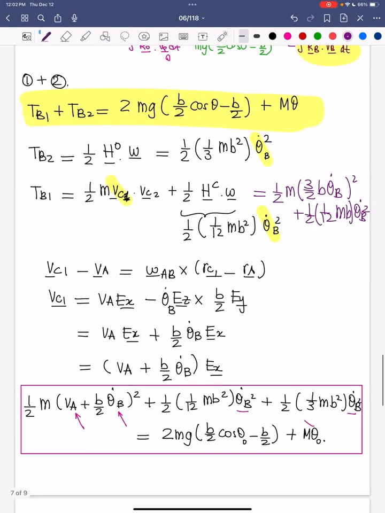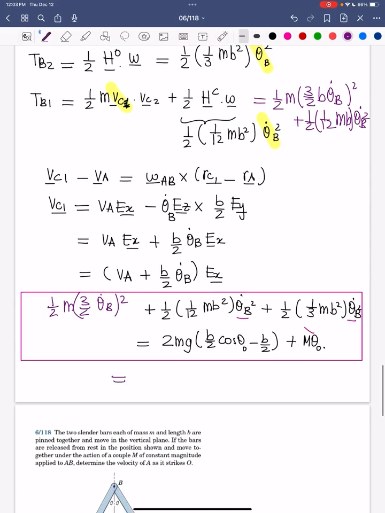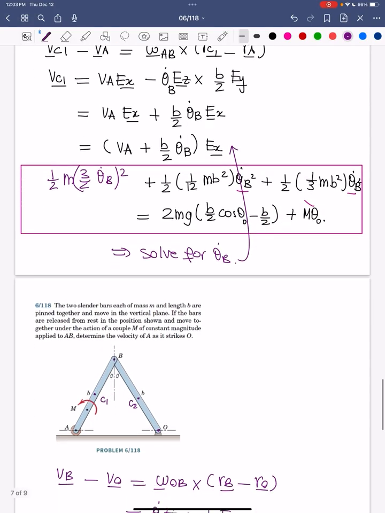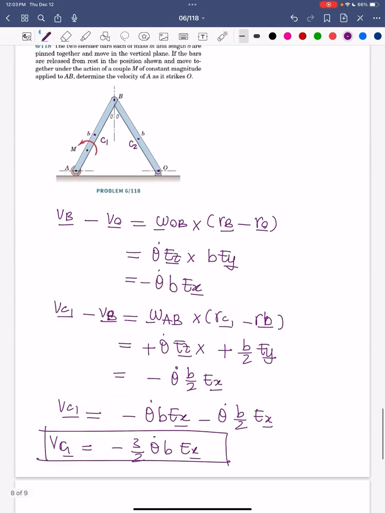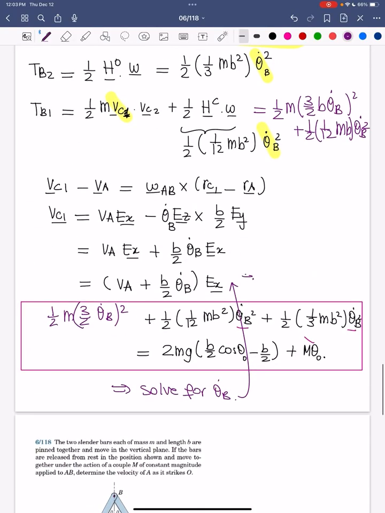So if I replace in this equation, instead of this form, this half M 3 over 2 theta dot B squared plus everything, then I can solve for theta dot B, and then I can plug in here to solve for VA by saying that VC1 is minus 3 over 2 theta dot B. So I can solve for VA.